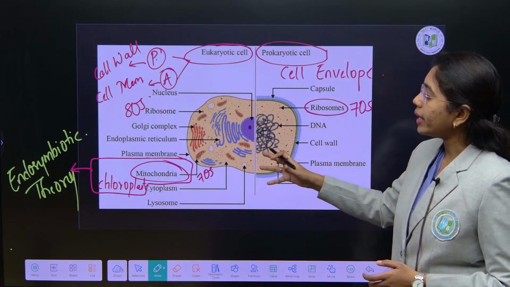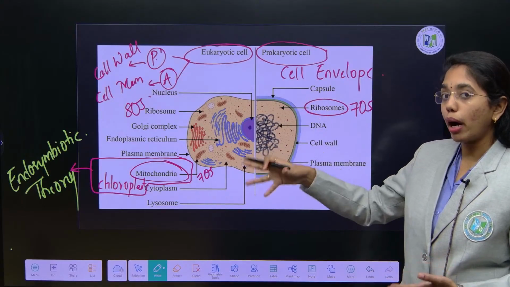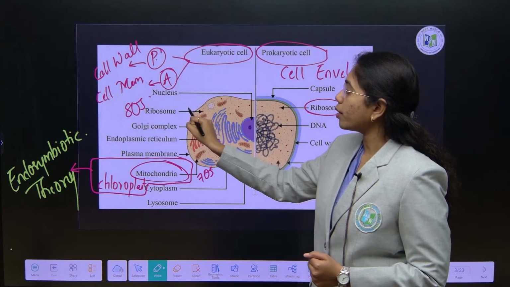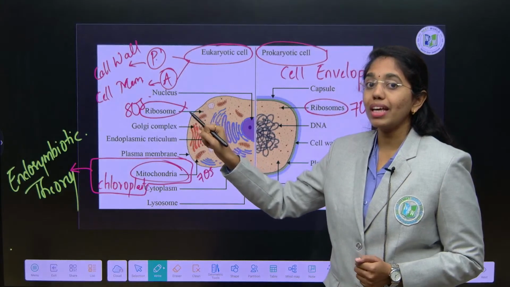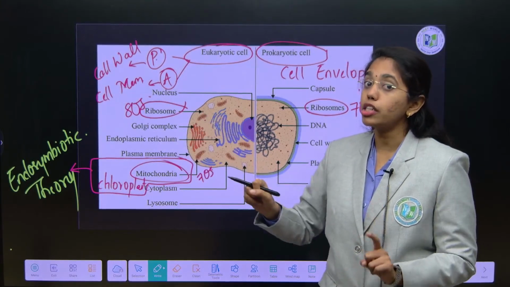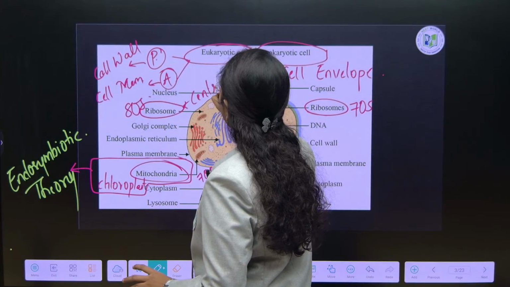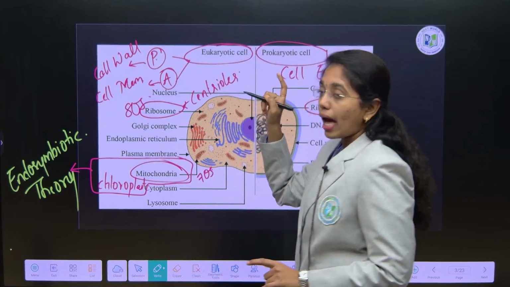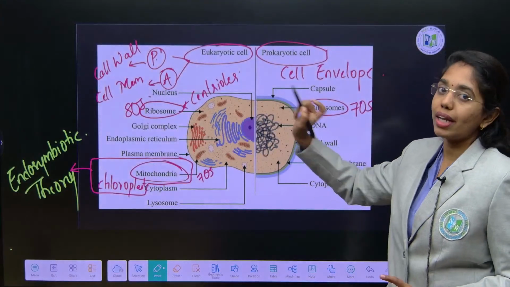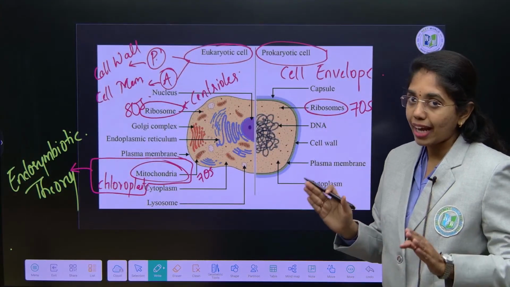Then when you look into the organelles, the non-membrane bound organelle along with ribosome is centrioles, which are present only in the animal cell. Plant cells will not have centrioles.